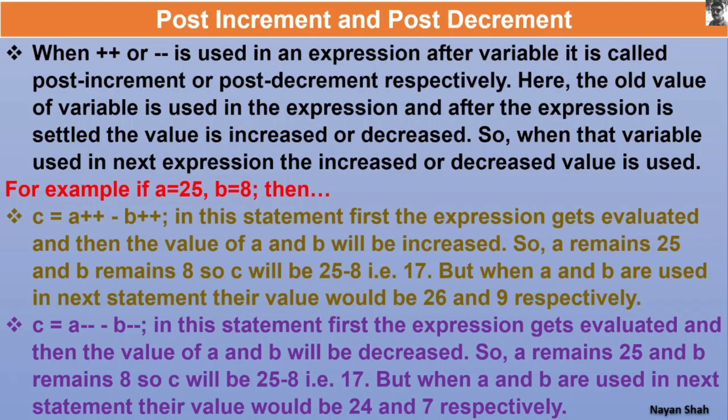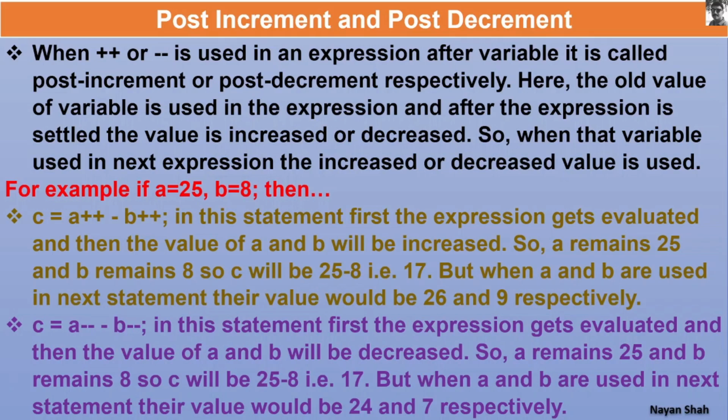Here the old value of the variable is used in the expression, and after the expression is settled, the value is increased or decreased. So in post-increment and post-decrement, first we use the variable's old, existing value, and once the expression is settled, then the value will be increased or decreased.